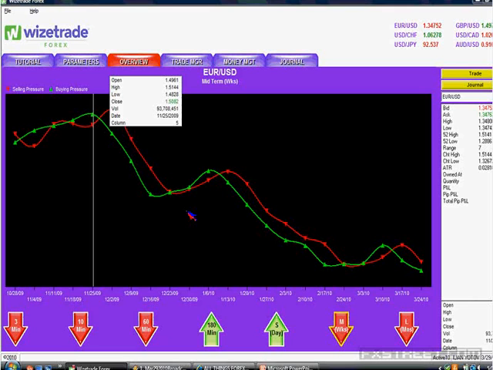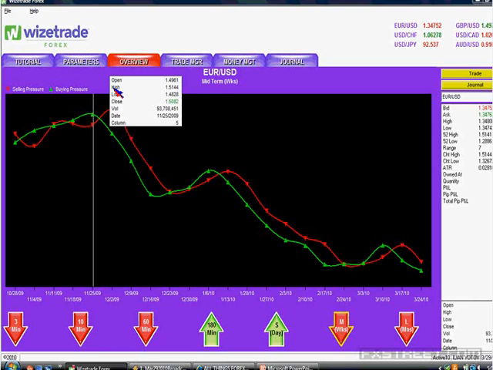So what I do, instead of considering this wave number 1, 2, 3, 4, and then 5, these waves here that give you the price correction, I actually consider as an actual correction rather than being a trend wave. My reason for that is because they don't progress the trend, they actually regress it. Therefore, I don't consider them to be an actual trend wave, but rather a correction following a trend wave.